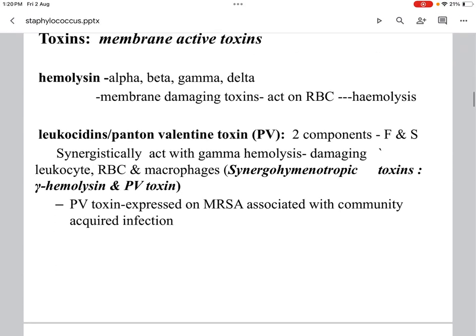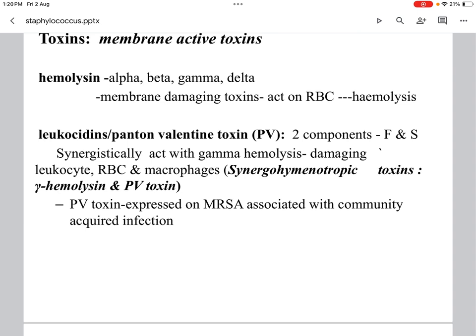And the second virulence factor is toxins. The toxins are of two types. Hemolysin: three types of hemolysins are present in the cocci, that is alpha, beta and gamma. Alpha means partial lysis of RBC, beta means complete lysis, and gamma means incomplete or no lysis of RBC occurs.